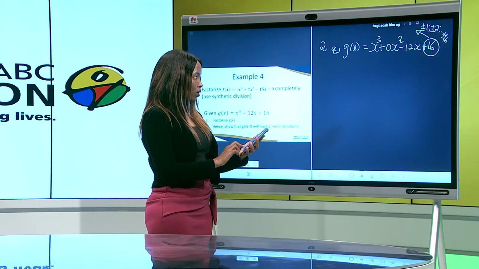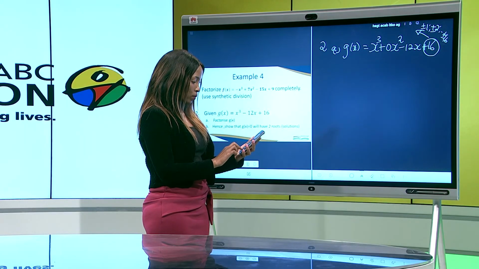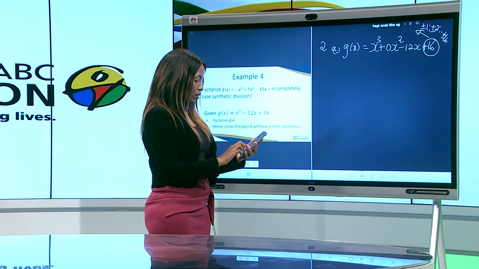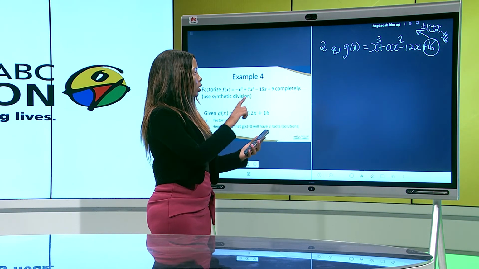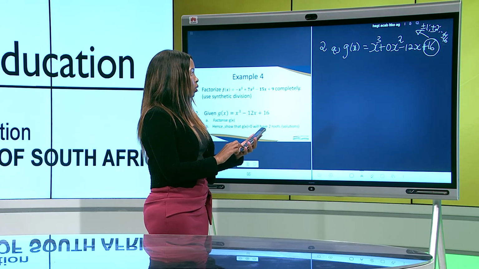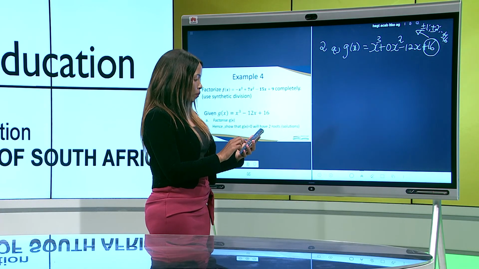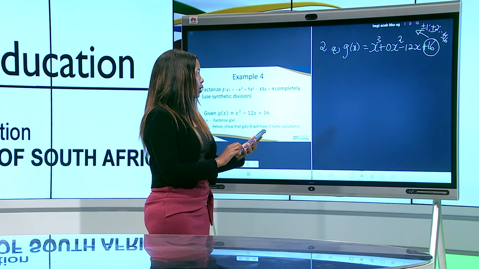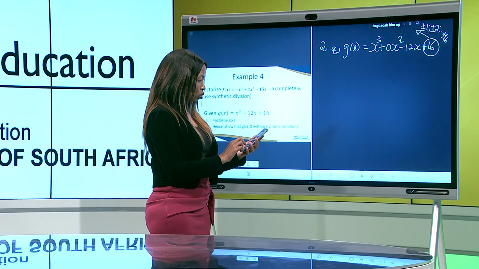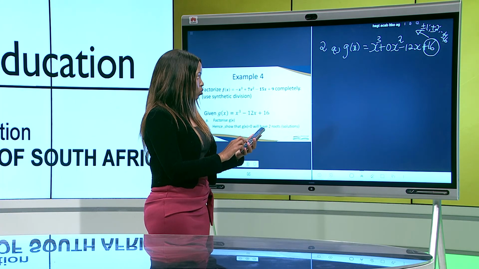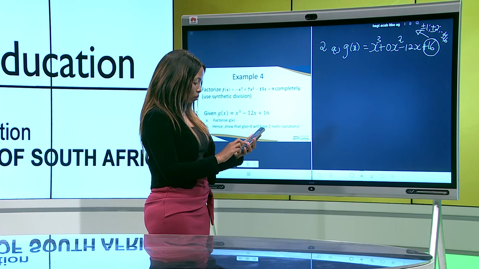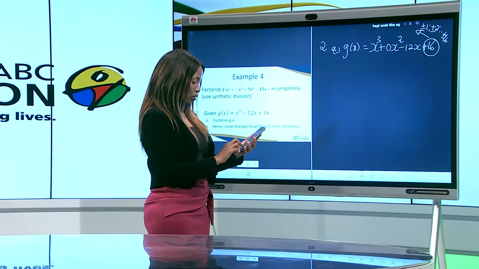So it's 1. Oh, by the way, we did this one previously. So we already know that our f at 2, let's try it again. 2 cubed minus 12 into 2 plus 16.